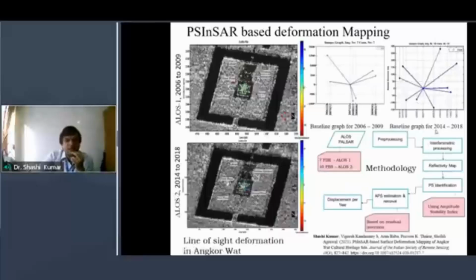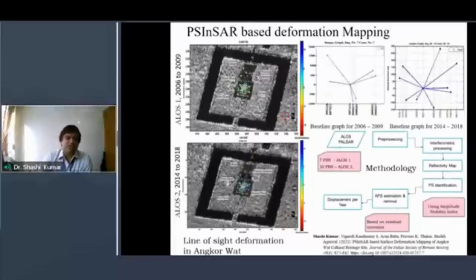From 2014 to 2018, it is also near zero, but we are getting some subsidence information. Since that subsidence is very small, this requires a large amount of data sets.